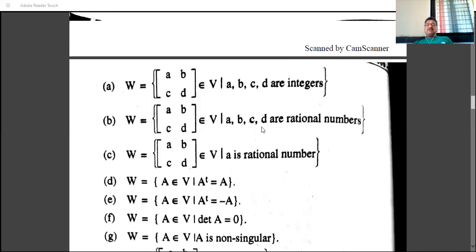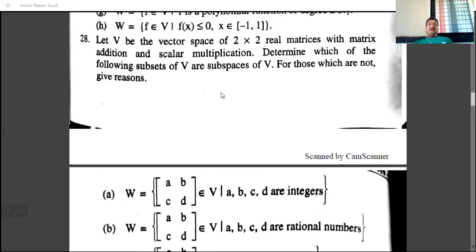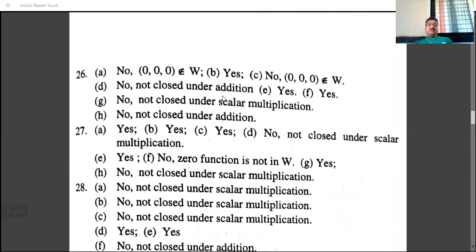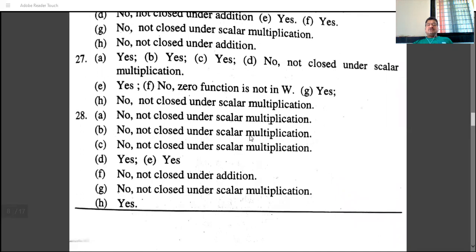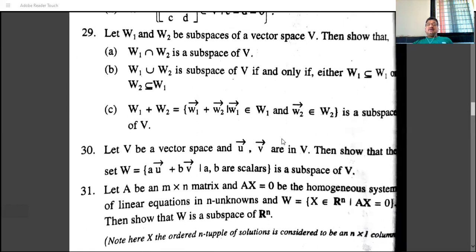a, b, c, d are rational numbers. This is again a rational number. So answer of 28B, 28B: no, it is not closed for scalar multiplication, because if we take root 2 as a value of k, and if you take an element of W and multiply by root 3, suppose for example root 3, then it is not a rational number.